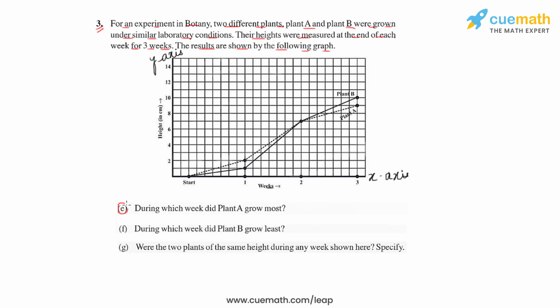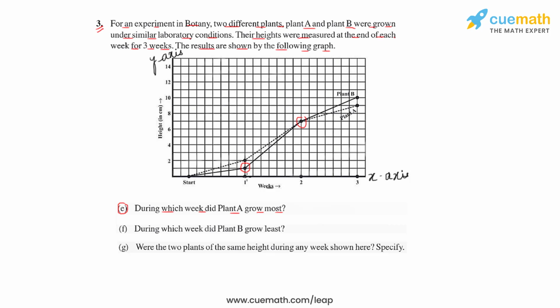Now in part E, we need to find out during which week plant A grew the most. So as we see in this line graph, the height of plant A, which is represented by this solid line, is increasing more during the 2nd week.